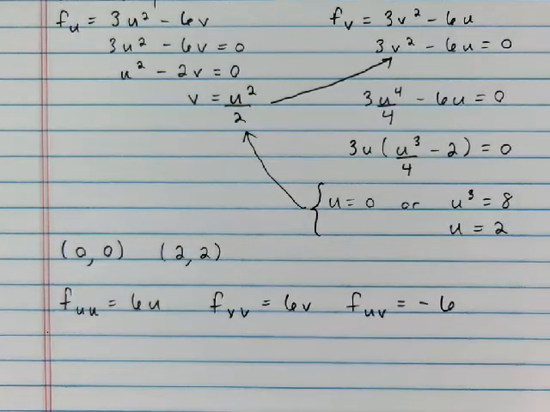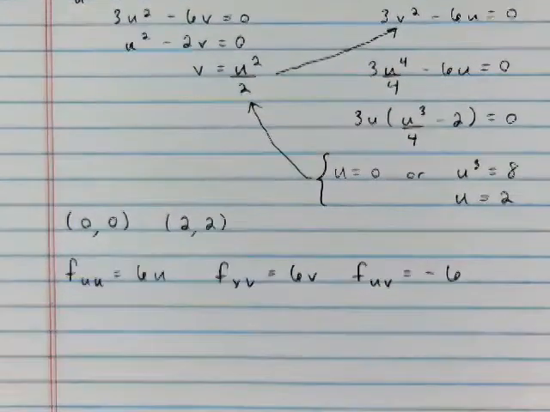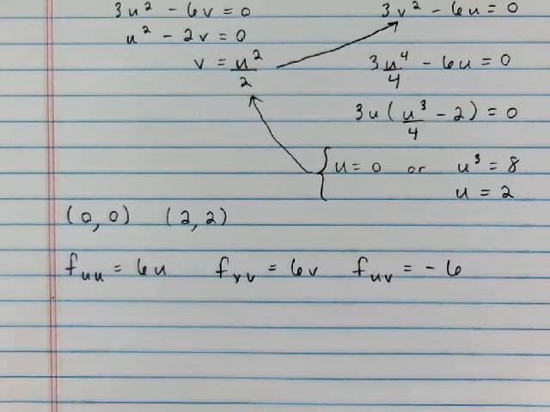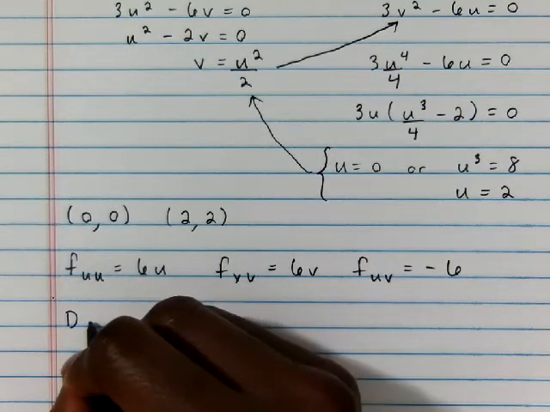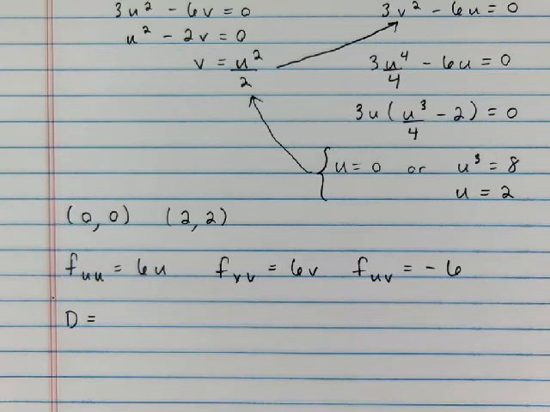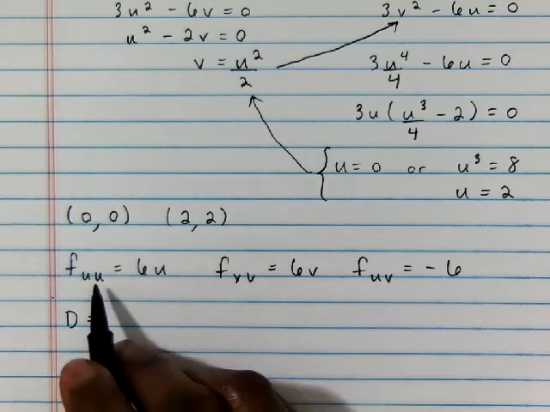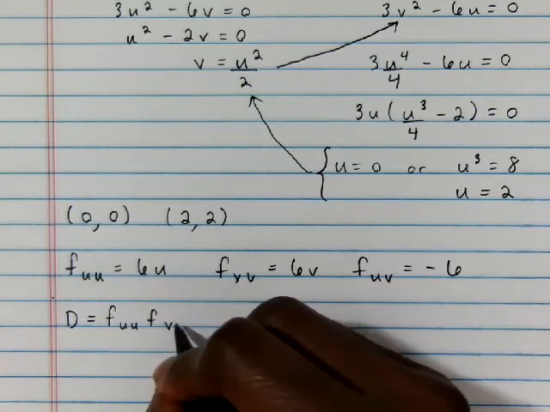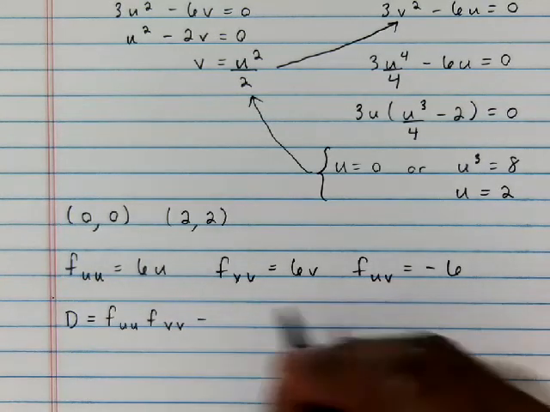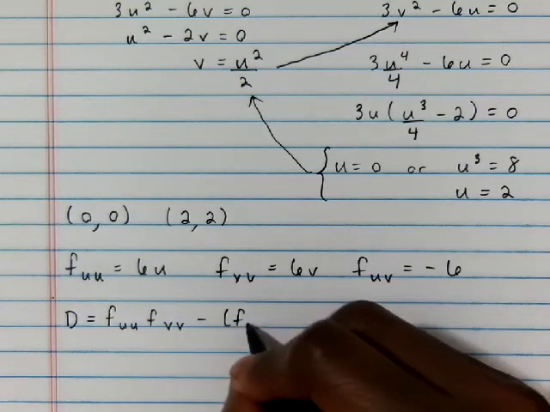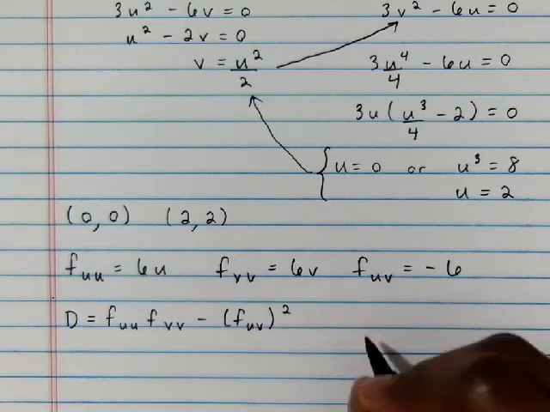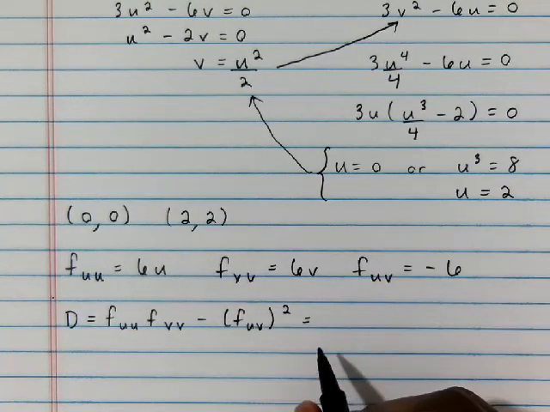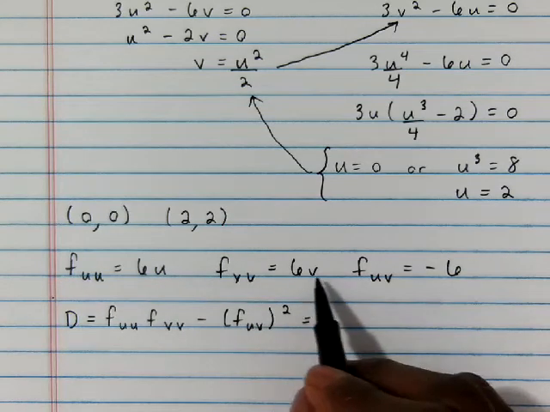All right, so now we have our partials, and we can set up our function D. And we'll just write D for shorthand. Remember, your D is going to be f sub uu times f sub vv minus f sub uv squared, which for us, that is 6u times 6v.